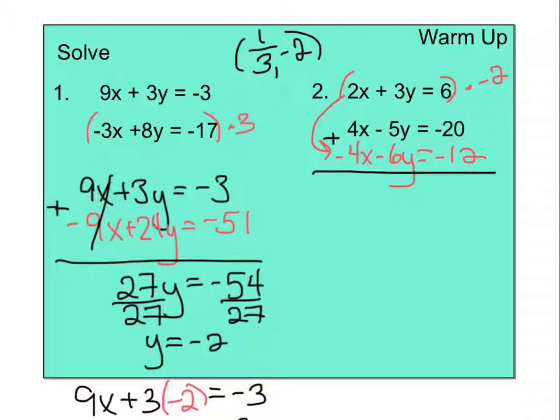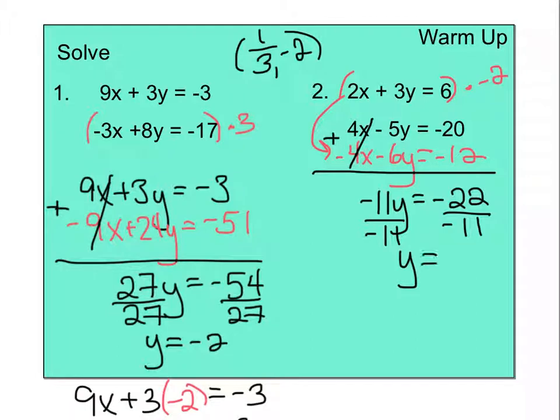Add them together, x's eliminate. Negative 5y plus negative 6y is negative 11y. Negative 20 plus negative 12 is negative 22. Divide by negative 11. Y is a positive 2. Going back to either equation to see which one I want to plug it into. Top one has all positives, so I'm going to choose that one.